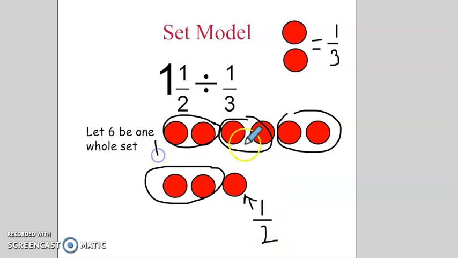We see 1/3 fits in once, twice, 3 times, 4 times, and then this one counter compared to the 1/3 is half of a 1/3, which again, would be 1/6 of the whole, but we're not comparing it to the whole, we're comparing it to the divisor, to the 1/3.